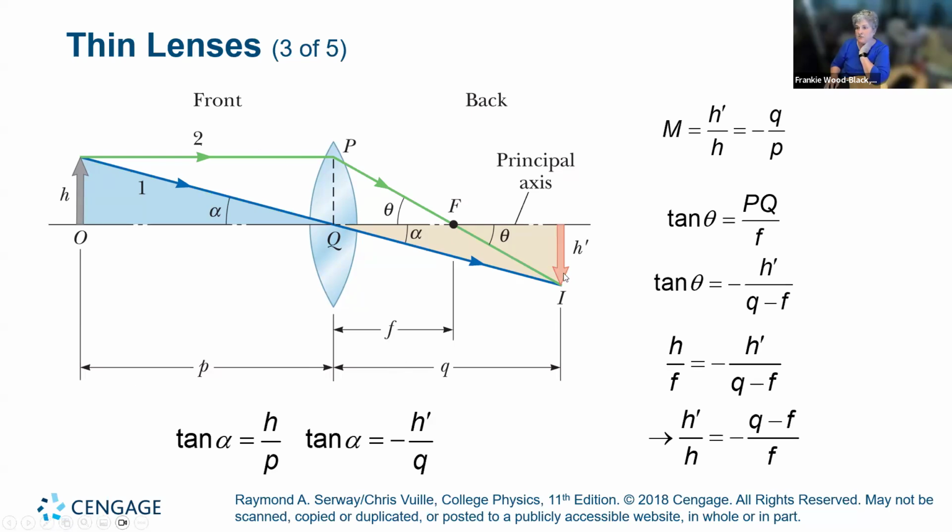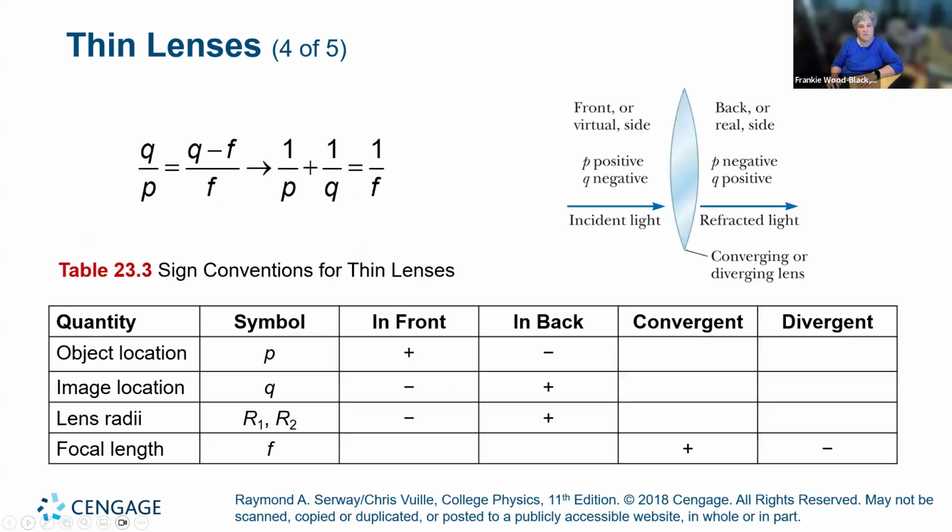I can actually draw this and predict based off of my drawing what my q is going to be. They gave you p because that's how we started. They gave you f, so I can determine where my q is going to be using my thin lens equation, which should appear right here.